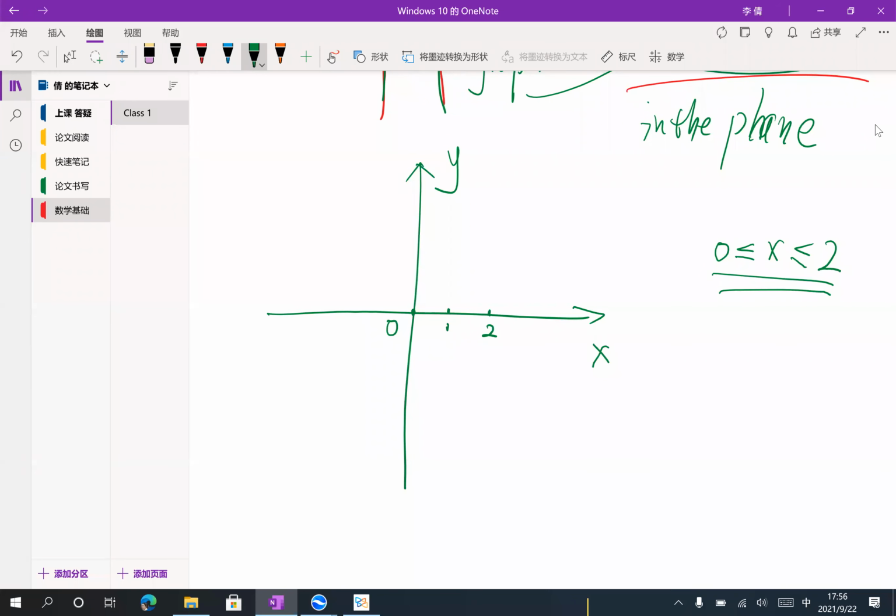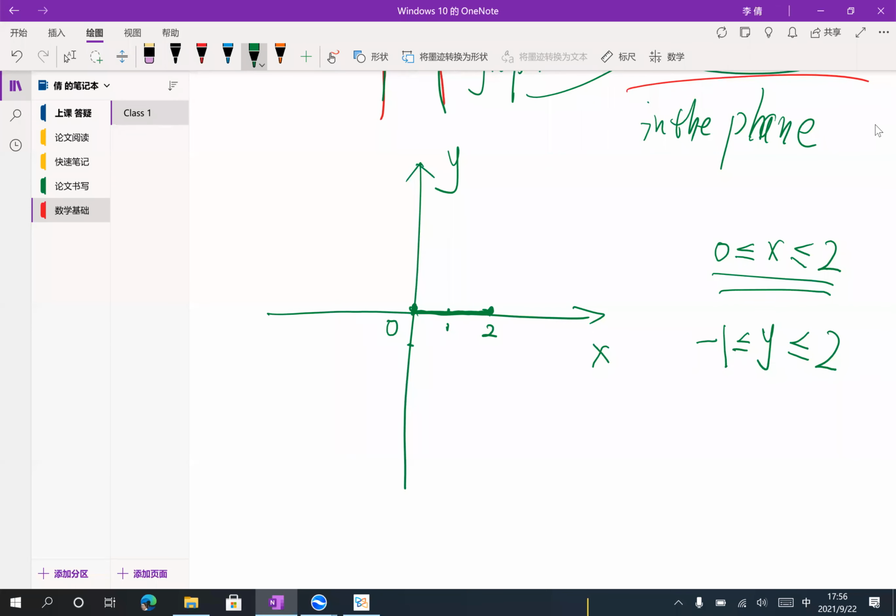Every point's x coordinate will be in this range. And then y is larger than or equal to -1 and smaller than or equal to 2.